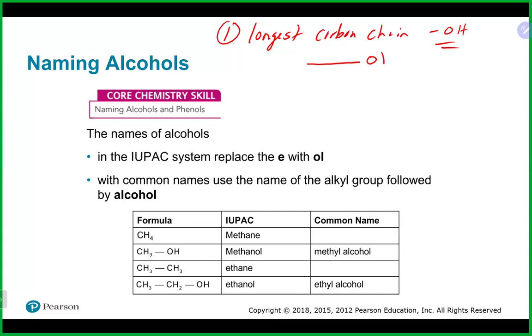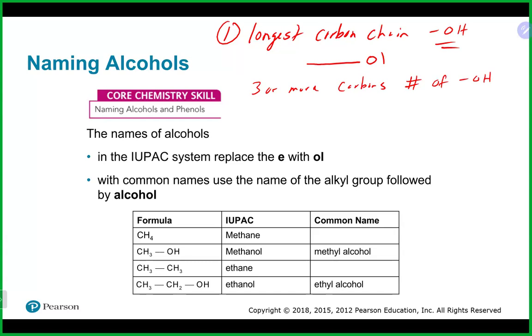Once you give that OH group the smallest number, any other groups that are attached are named accordingly in terms of the numbering. And the other thing that we talked about, obviously, is that at about three or more carbons, you need to give the number of the OH group on the carbon chain, right? So where that group is located is where you need to give it.